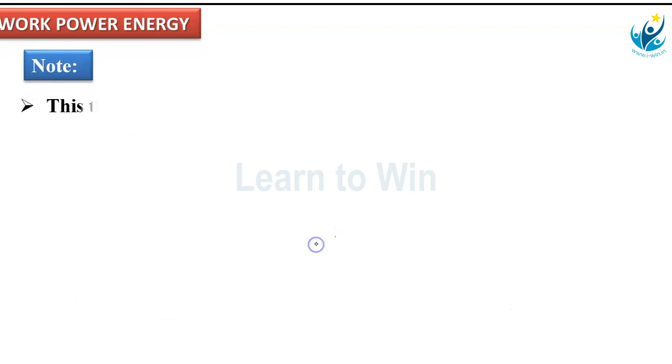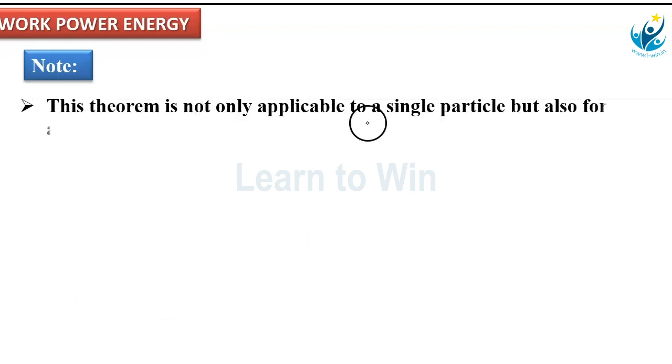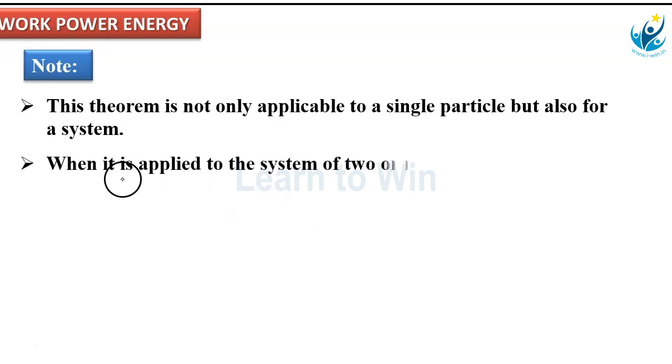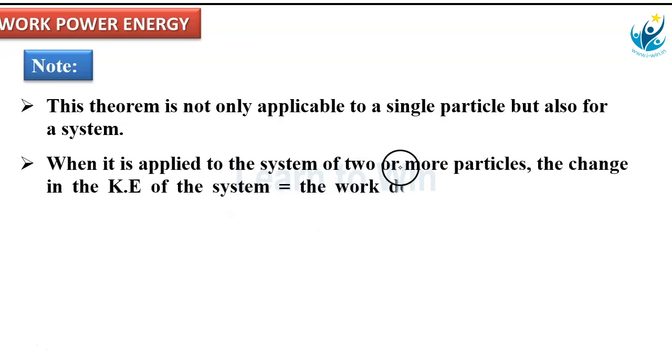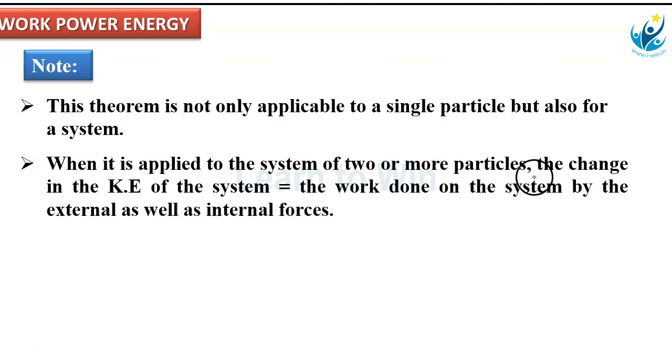Now, this theorem is not only applicable to a single particle, but also for a system. A system means a number of particles, two or more than two particles, which we call a system. When it is applied to a system of two or more particles, the change in kinetic energy of the system is the work done on the system by the external as well as internal forces.